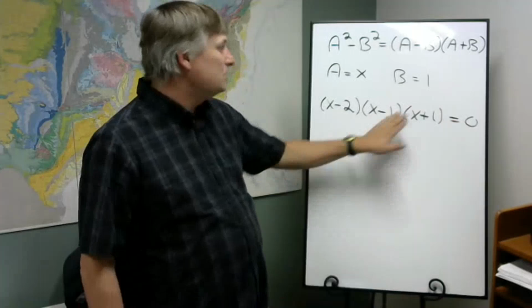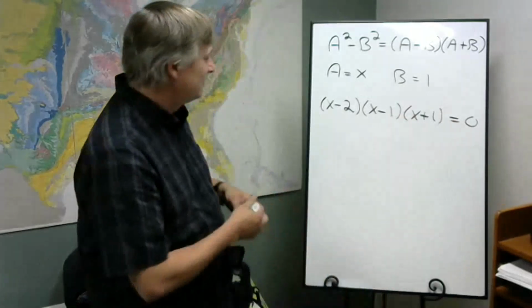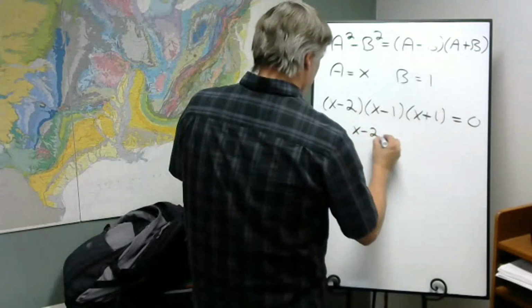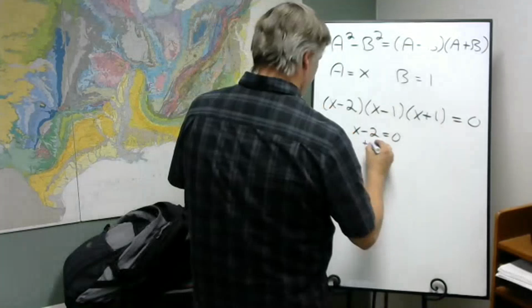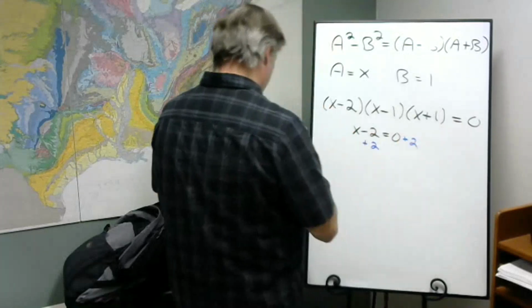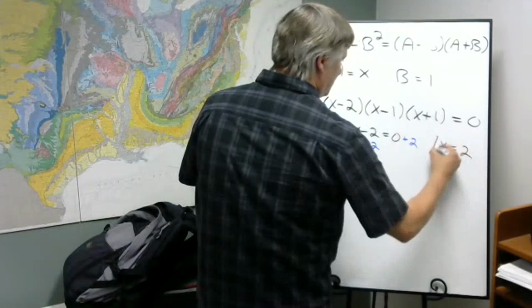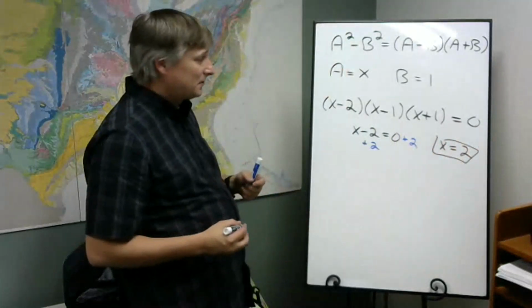Like if you had 3 times 2 times 0, you're still going to get 0. So for this, we get x is 2. So I'm writing it off to the side here because we're running out of space.